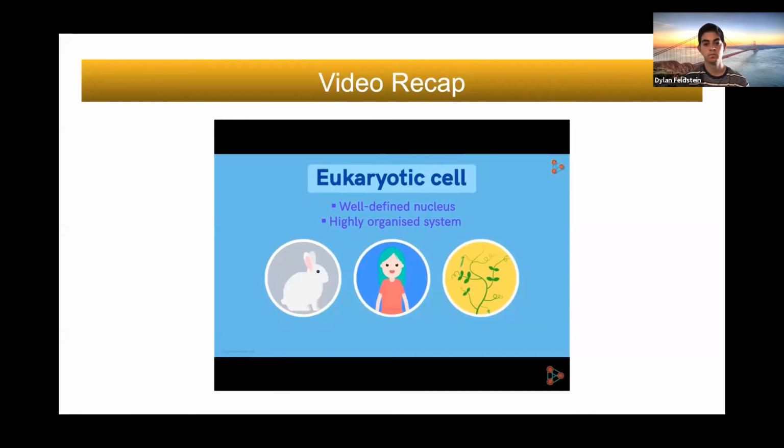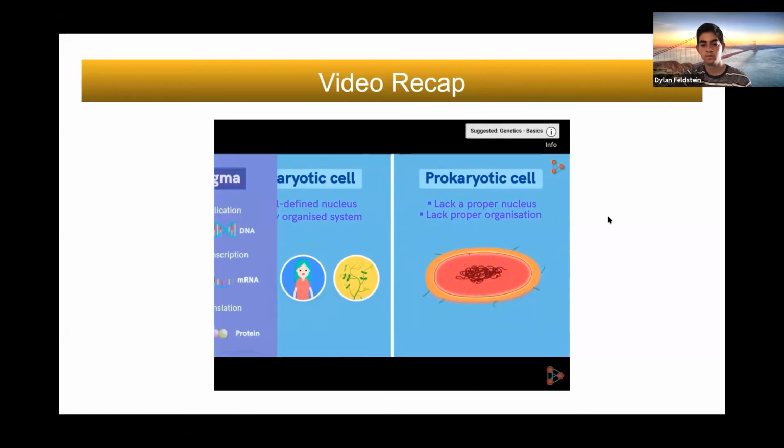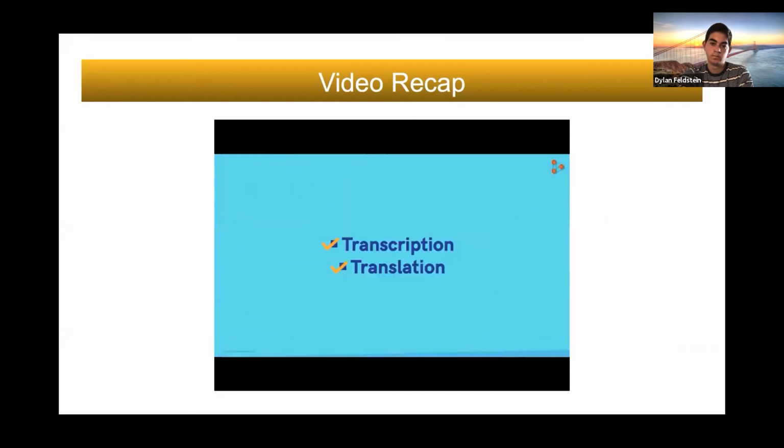On the other hand, cells which lack a proper membrane-bound nucleus and organization are called prokaryotic cells. Since they lack the proper membrane-bound organelles and nucleus, they do not undergo such complex and sophisticated processes. So the process in prokaryotes is slightly different. This was a brief idea about the transcription and translation process seen in eukaryotes.